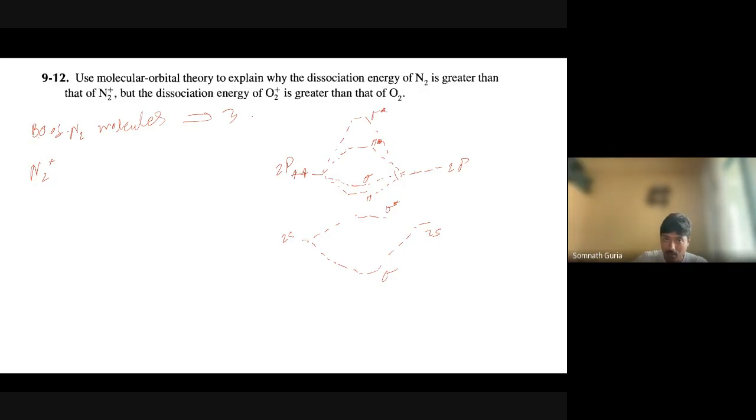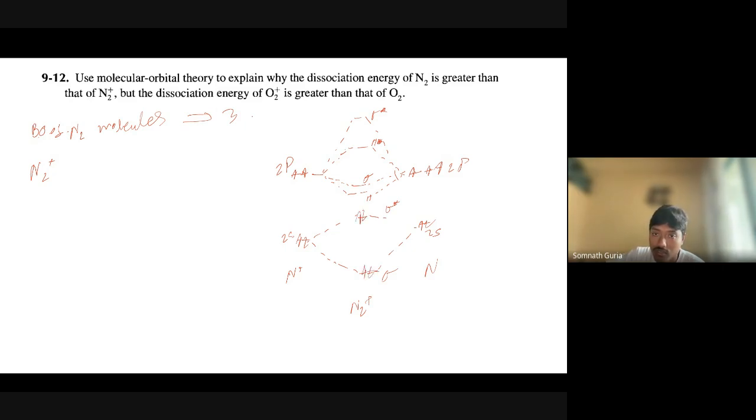We have 2 electrons here, and here 2 electrons, and we have 3 electrons, right? So now fill the electrons. Here we have a N plus, here we have a nitrogen, and this is the N2 plus. So fill the electrons.